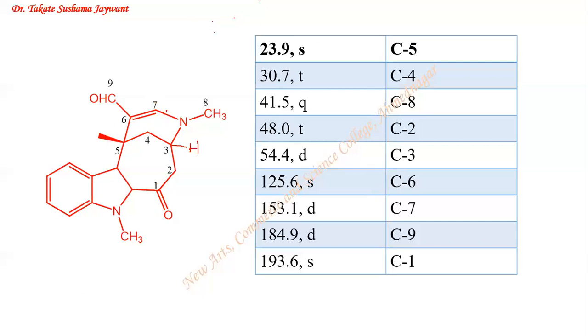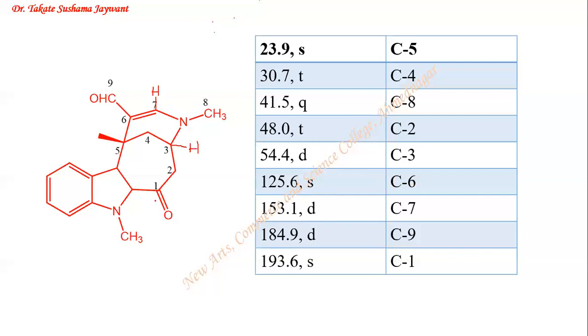C7 will show a doublet, but the singlet in the sp2 hybrid region corresponds to the C6 carbon atom at 125.6. 153.1 doublet is because of the C7 carbon atom. C7 has one hydrogen attached to it, therefore it shows a doublet, and as it is attached to nitrogen, it is more deshielded.